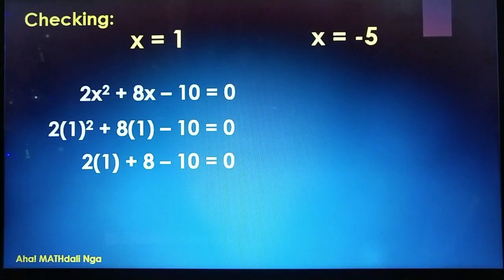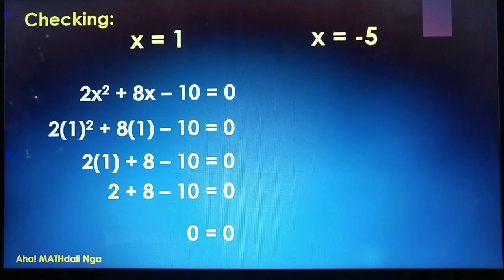Continue, we have 2 times 1 plus 8 minus 10 equals 0, which is equal to 2 plus 8 minus 10 equals 0. 0 is equal to 0, and that's true. So positive 1 is the solution of the given quadratic equation.